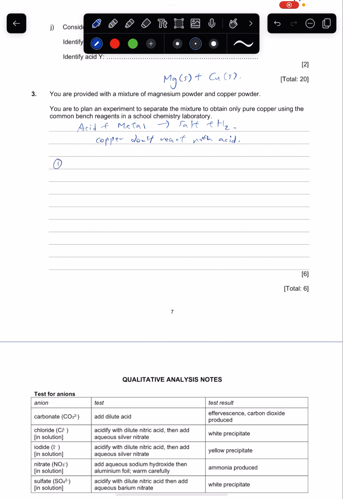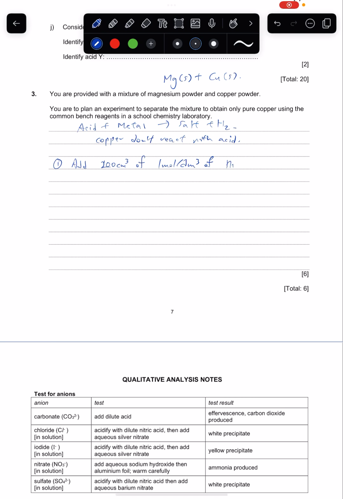So that means step 1, you can add acid, right? You want your magnesium to dissolve completely. It means you make sure you have excess acid. So you can say add 200 cm cube of 1 mole per dm cube of what acid? Nitric acid.